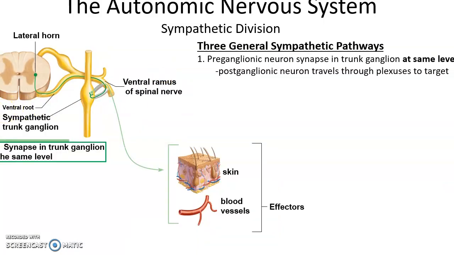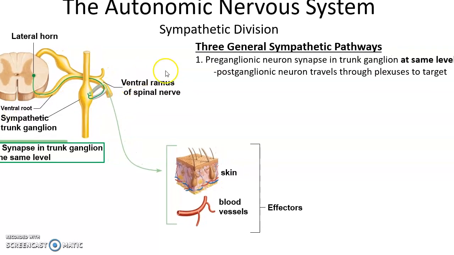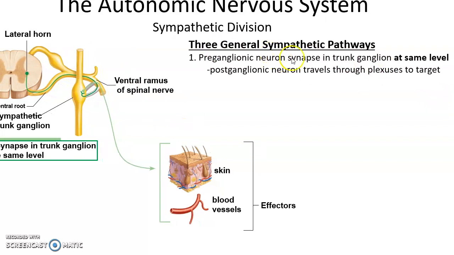Now, some of the preganglionic neurons are going to enter the sympathetic trunk ganglion, synapse at that level right there with a postganglionic neuron that will then go out to its target structures. So the first thing that can happen is the preganglionic neuron synapses in the trunk ganglion at the same level, doesn't go up or down, and it synapses with a postganglionic neuron that then leaves and heads out to its target.